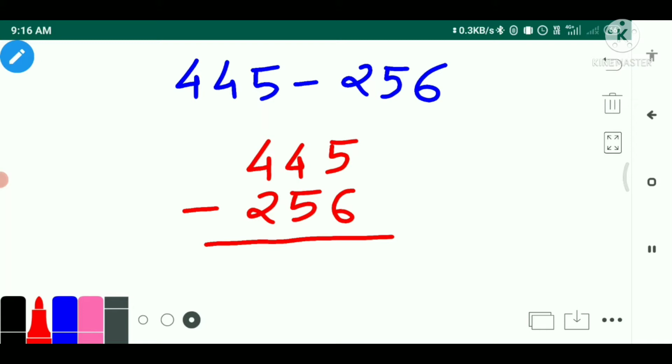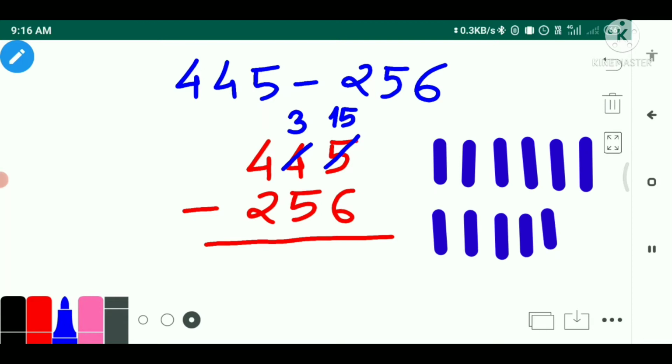So this tens place will reduce by 1 and it will become 3. Now that number, when it reaches the ones place, it will become 10. Okay, so 10 plus 5, it will become now 15, right? So see, in ones place now 15 is there.